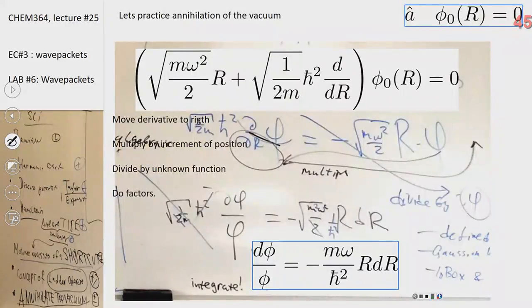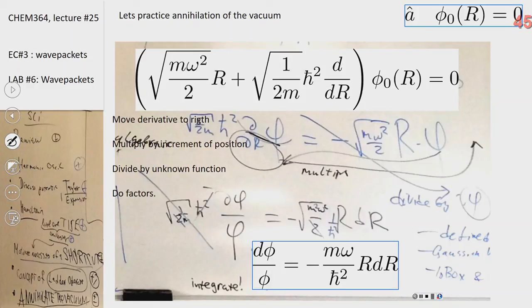Well, we take care of coefficients to make them simpler. So this term acts on the unknown function, this term acts on the unknown function. We can split them onto different parts of the equation, and then divide everything by the unknown function, and multiply everything by the incremental position.